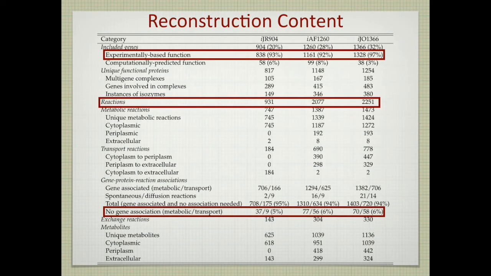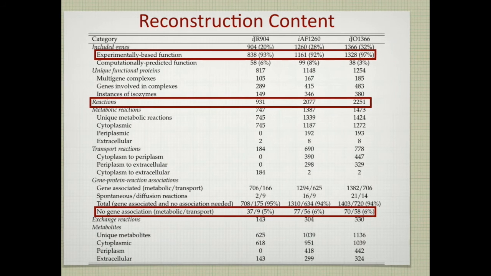So about 6% of the reactions that are in there are still non-gene associated, and a large fraction of them are transporters. It's often very hard to associate a transporter to the compound that's being transported. And we'll talk a little bit later about, not shown in here, the coverage of structural information we now have for these proteins.